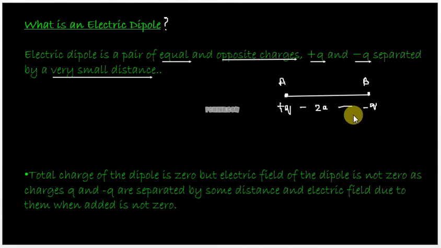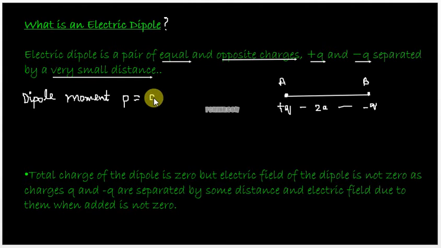Now, how can we measure the strength of this dipole? So we have a quantity called electric dipole moment. Dipole moment is something that measures the strength of an electric dipole, and we denote it as P. You can find the strength of a dipole from the magnitude of charge and the distance between them, the distance of separation.